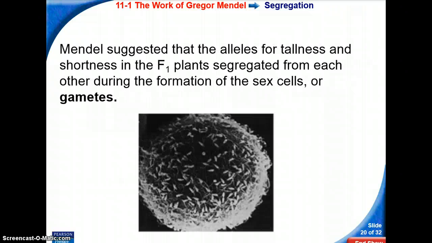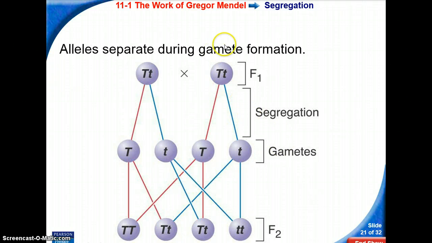What he suggested at this point was that the allele for tallness and shortness in the F1 plant segregated from each other during the formation of the sex cells, or what we know as gametes. So this is when those alleles start to separate from each other, and then they join back up to produce the offspring, and it looks like this.